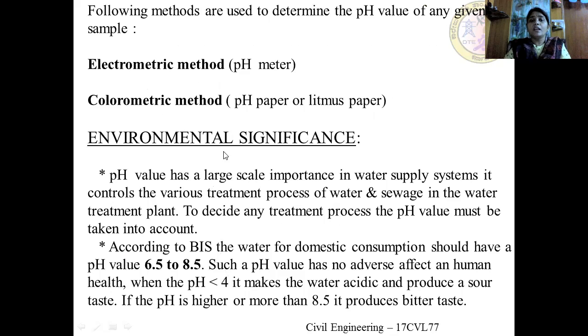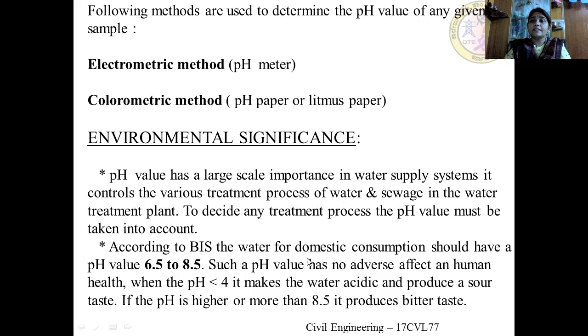Now coming to the environmental significance, pH value has a large-scale importance in water supply systems. It controls the various treatment processes of water and sewage in the water treatment plants. To decide any treatment process, pH value must be taken into account, because at that particular pH, a particular chemical which is going to be added will react with it.